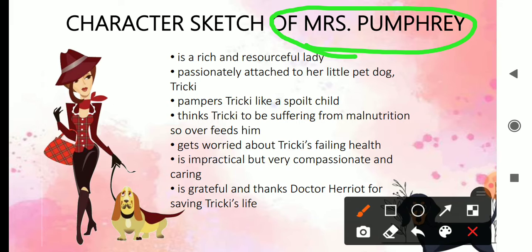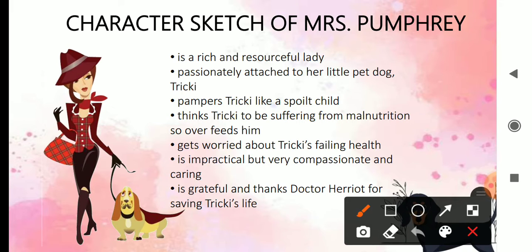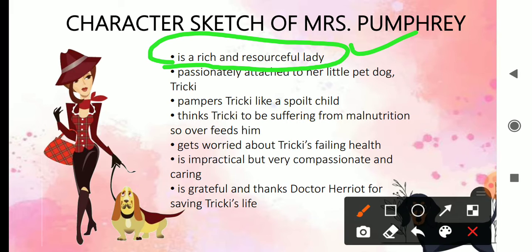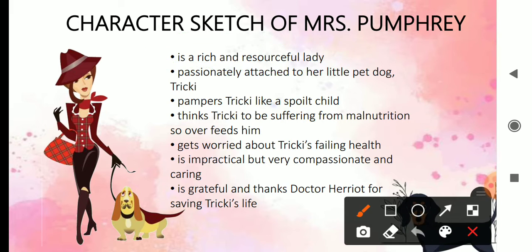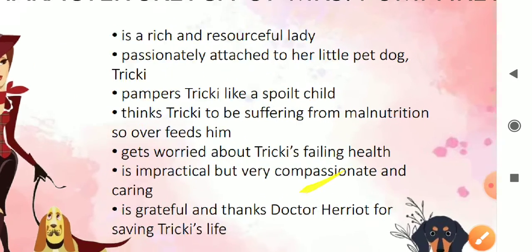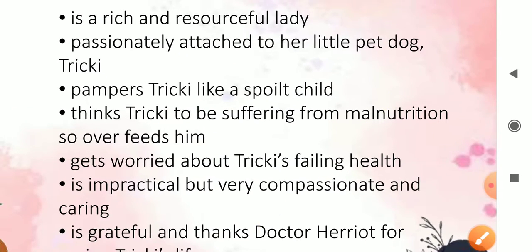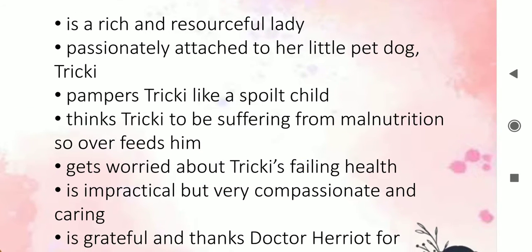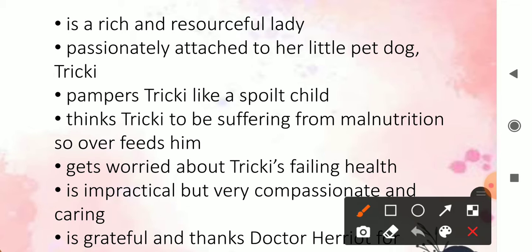Mrs. Pomfrey is a rich and resourceful lady. She is very rich and resourceful. She has everything that she wishes, and she is passionately attached to her little pet dog called Tricky. She was so attached to her little pet dog that she spoilt it.